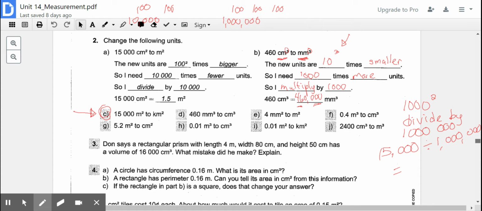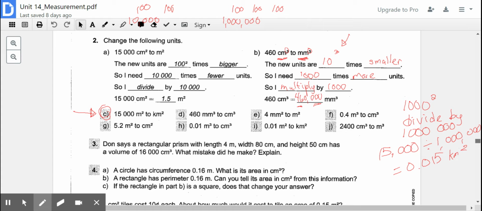Okay, and I get 0.015 kilometers squared, because I've converted from meters squared to kilometers squared, and that's my answer.